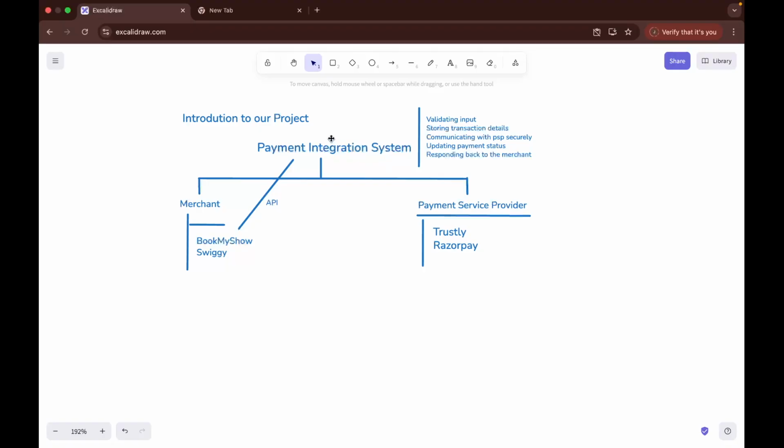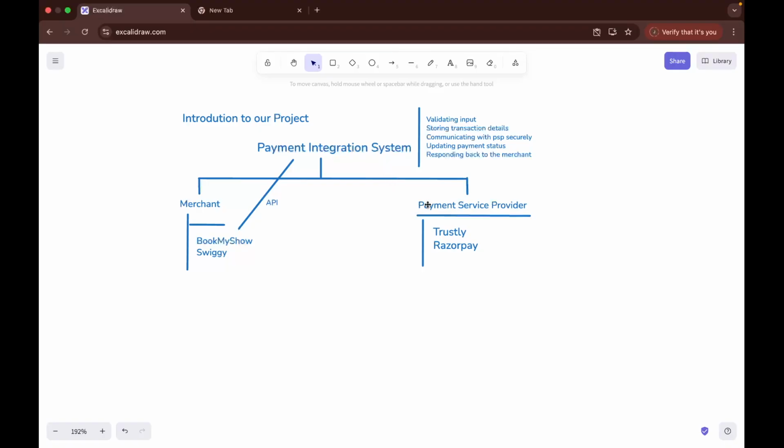Now it talks to the Trustly provider service, also using a REST API, secured with RSA encryption.